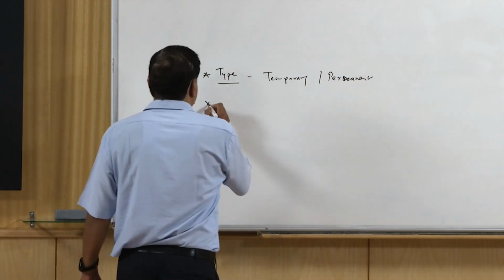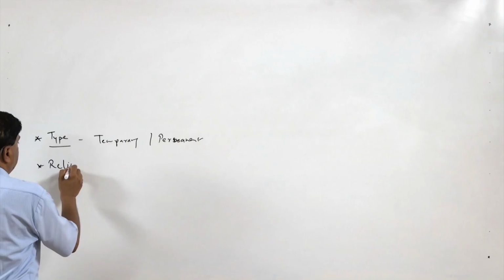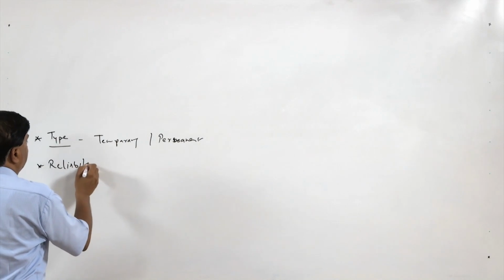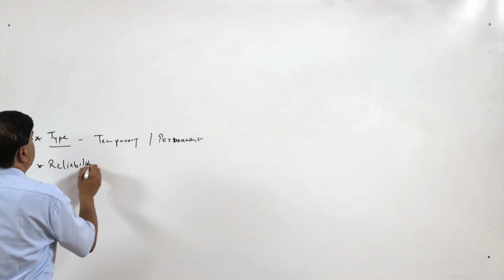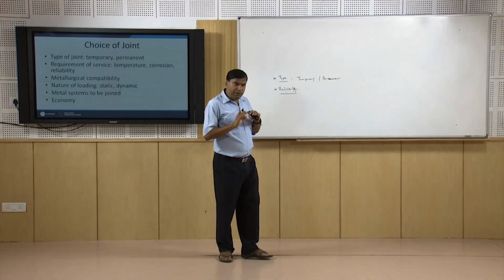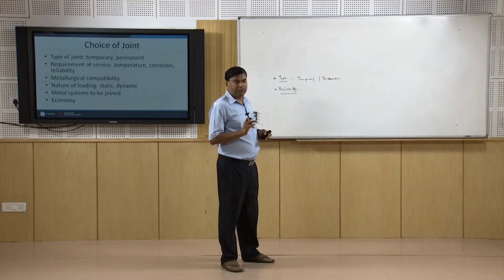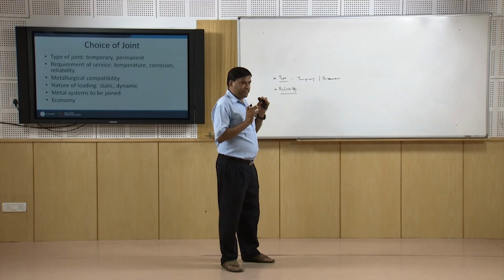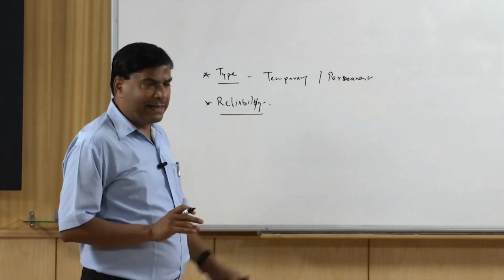Similarly, the kind of reliability which is needed is very important, because the joints are to be used for critical applications where a lot of life and property is at stake.